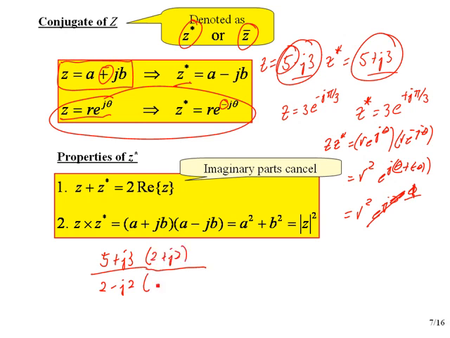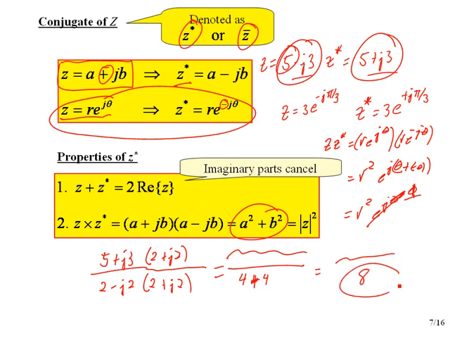So 2 plus j2, 2 plus j2. The advantage of doing that is you end up with something complex on the top, and on the bottom you just get a squared plus b squared. So in this case it's going to be 4 plus 4, which ends up being 8. So it makes a real number in the denominator.